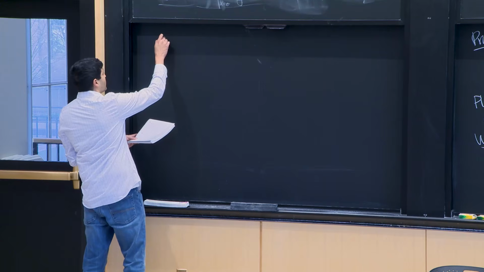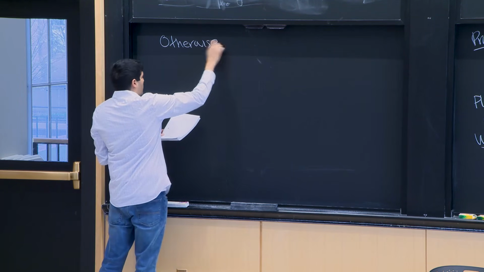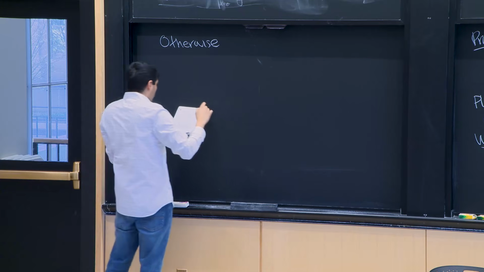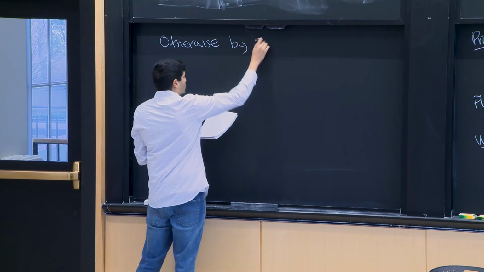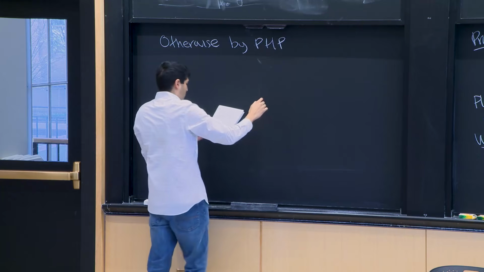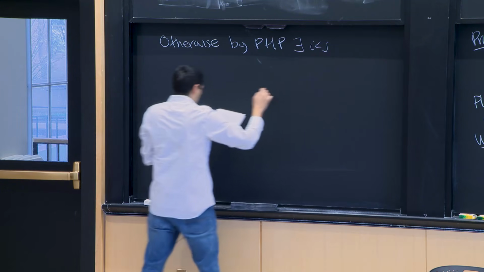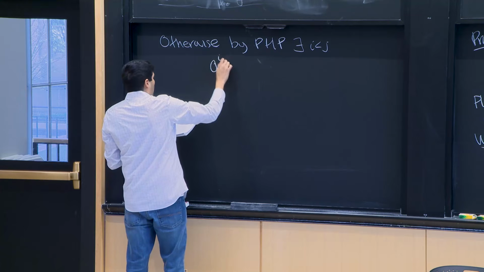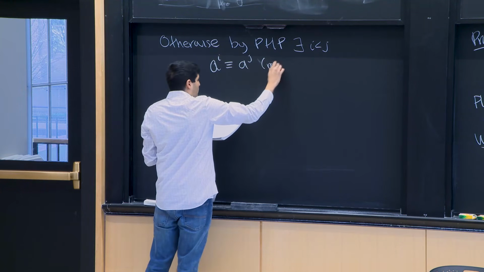So let's assume that there is no k. Suppose there is no such k. Then what I claim is that by the pigeonhole principle, there must exist some i less than j with the property that A to the i is congruent to A to the j mod P.